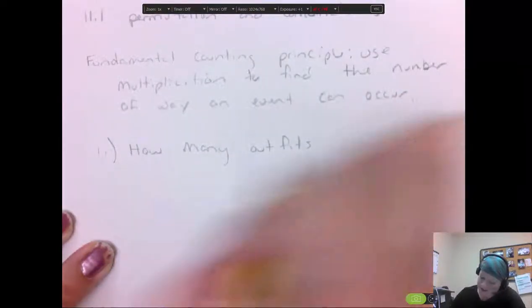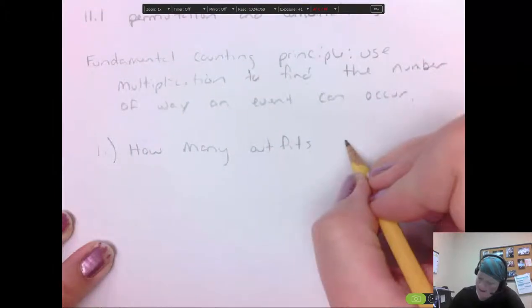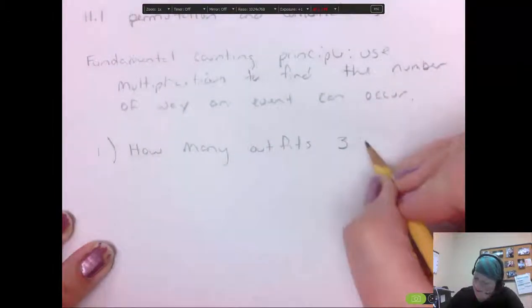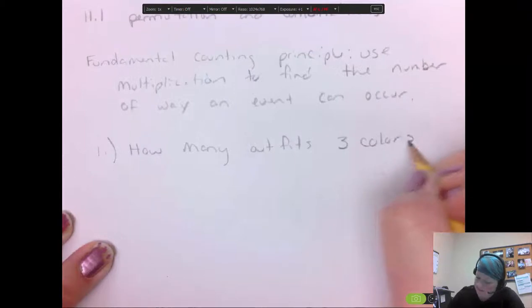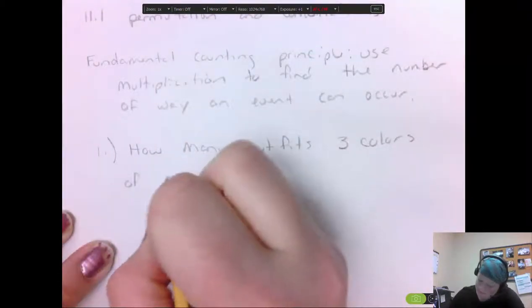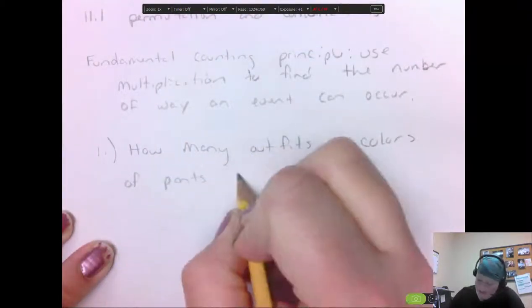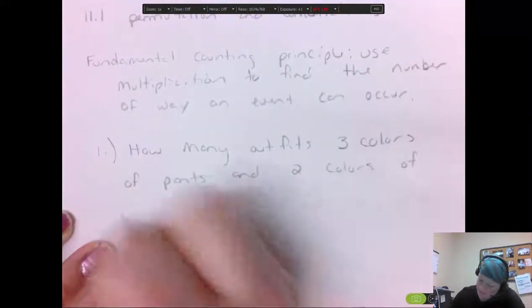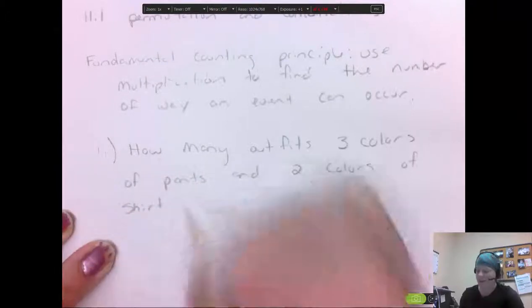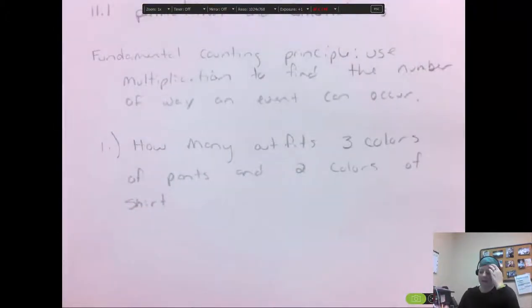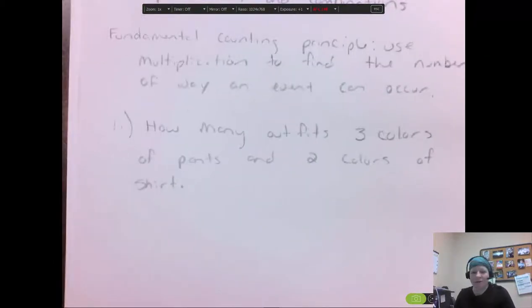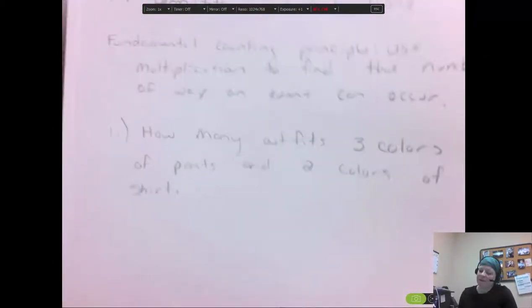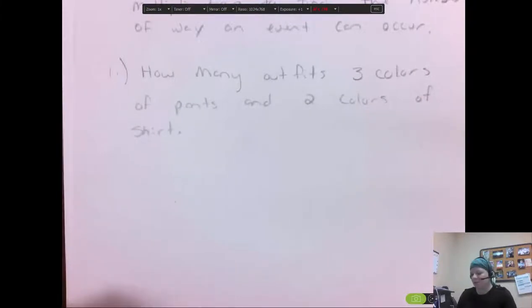And I have 3 colors of pants and 2 colors of shirts. I could have listed each one like black, red, blue, however. Either way, or you could have just been told there's 3 of one, 2 of the other. And so the fundamental counting principle allows us to multiply the number of choices together to get the total outfits.